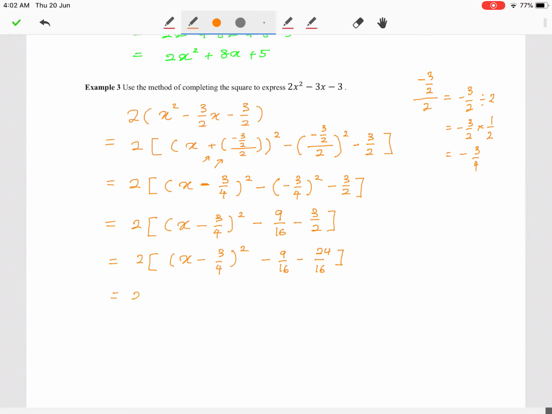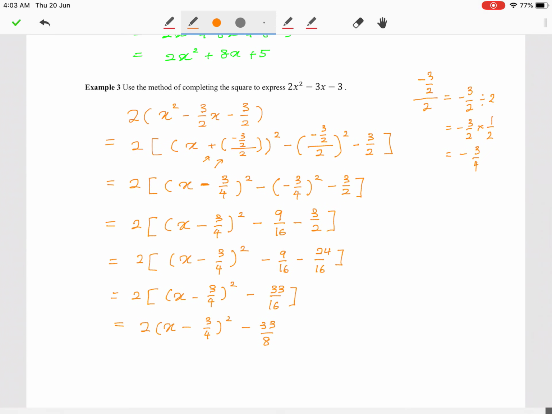So you're going to have 2 square bracket x minus 3 over 4 squared minus 33 over 16. Now you expand the bracket, so you have 2 times x minus 3 over 4 squared minus 33 over 8.